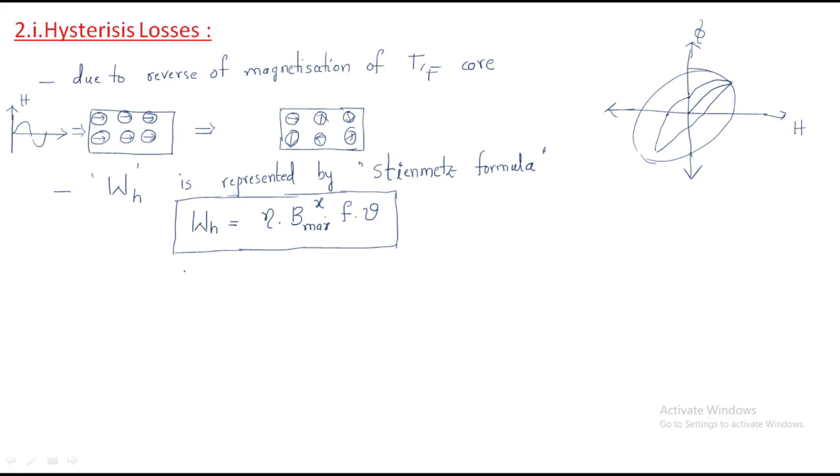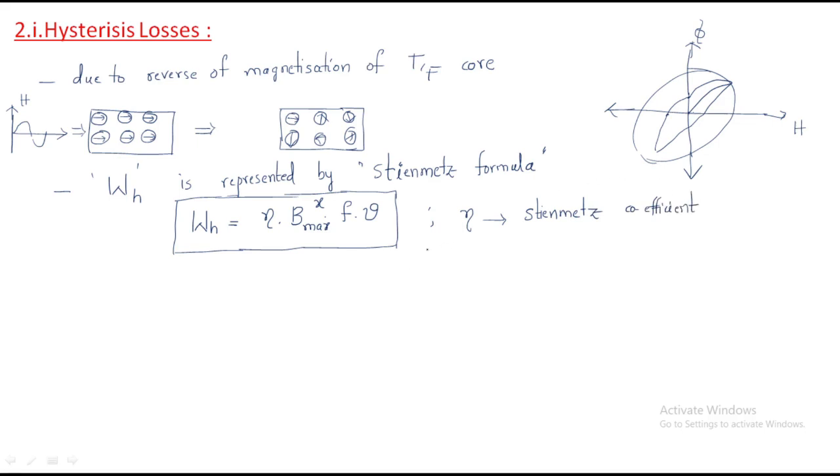Here we can write it one by one. WH is hysteresis loss. Small n is a constant, and we can name it as the Steinmetz coefficient.